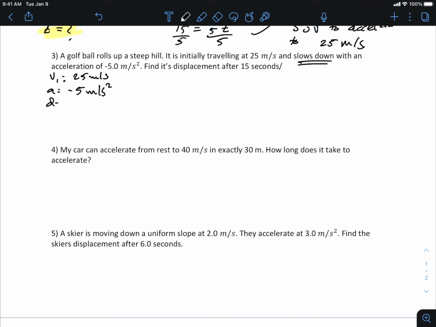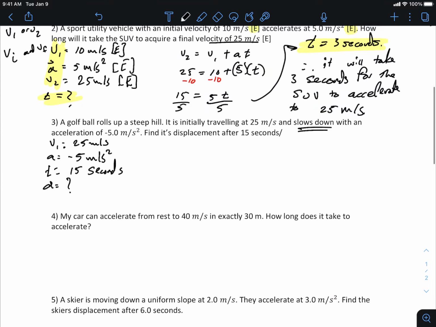So it also tells us t is equal to 15 seconds. We want to solve for what d is.